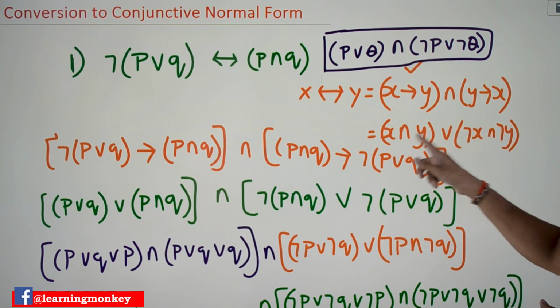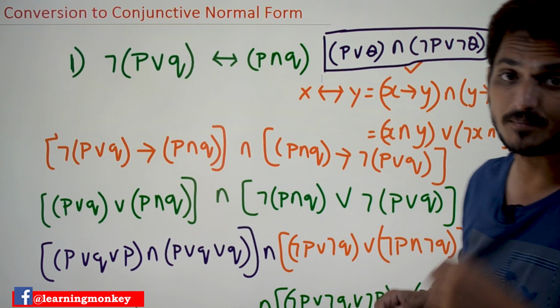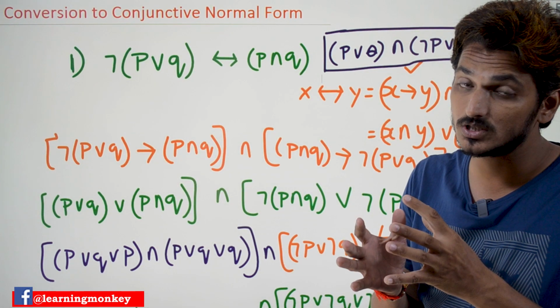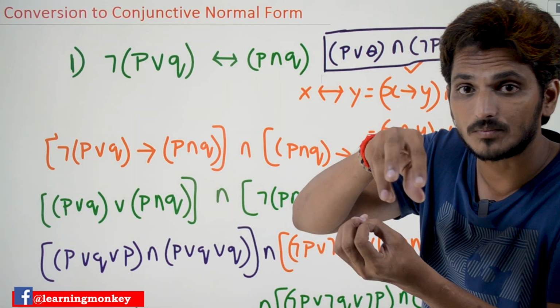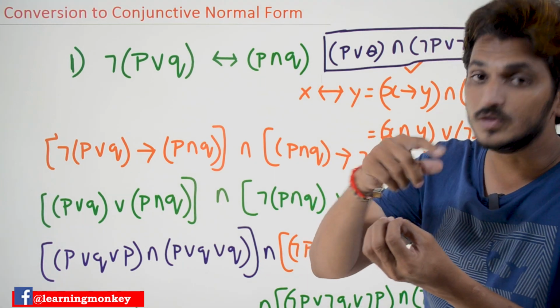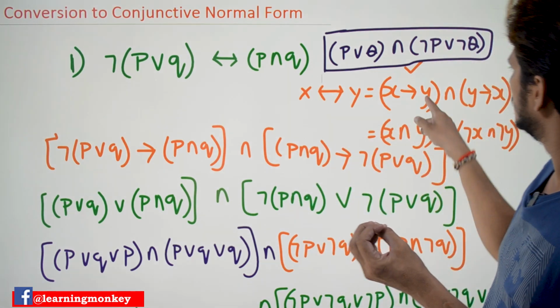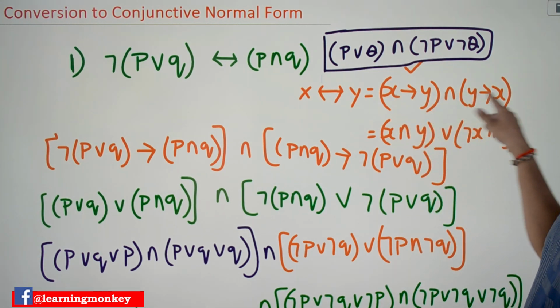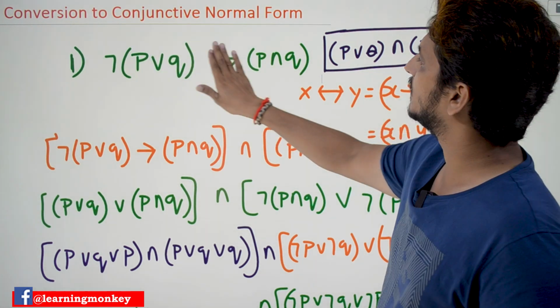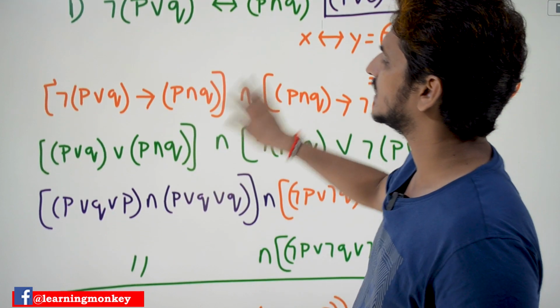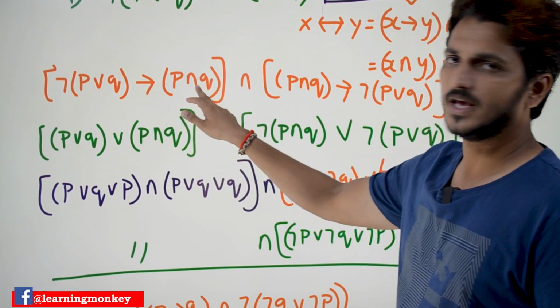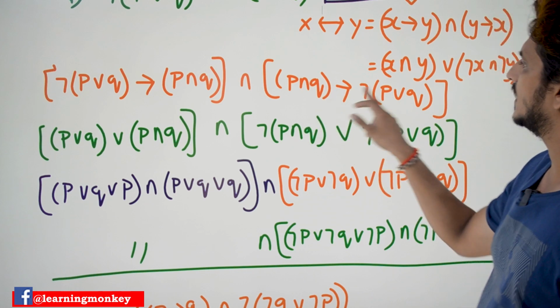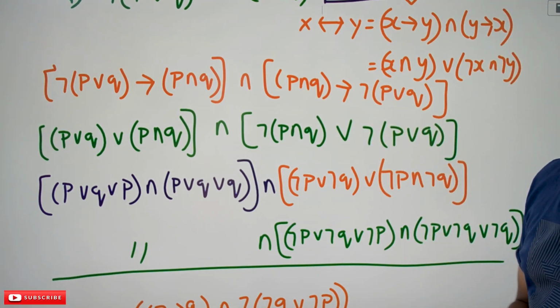But in our example we need to convert this into the form of product of sums, so this one is going to match. That's why I write it in this form: x double implies y can be written as x implies y conjunction y implies x.